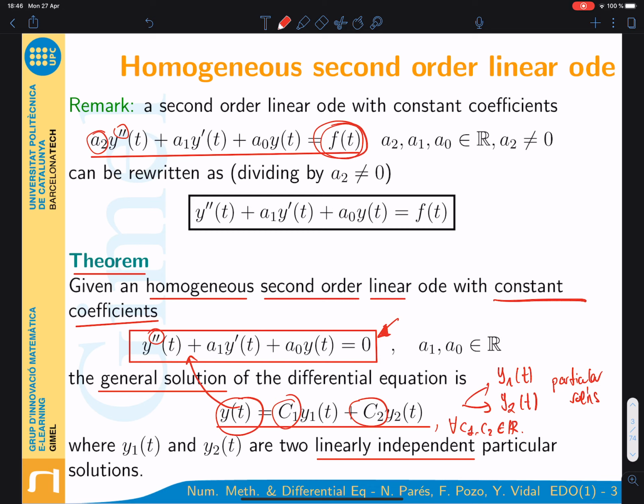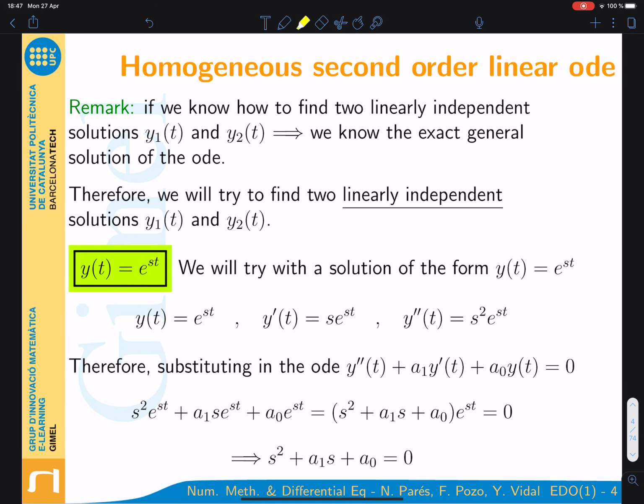Okay? So today we will just use this theorem to solve this very specific type of ODEs. Okay? So what we need to do is just to find two particular solutions, y1 and y2, particular solutions of this ODE, and we are done. We can write down the general solution. So let's go for it.